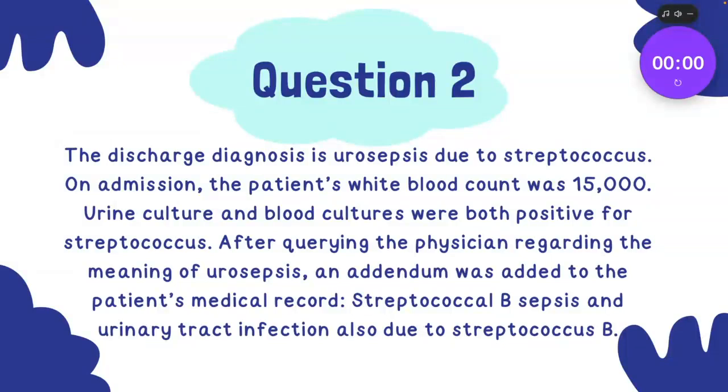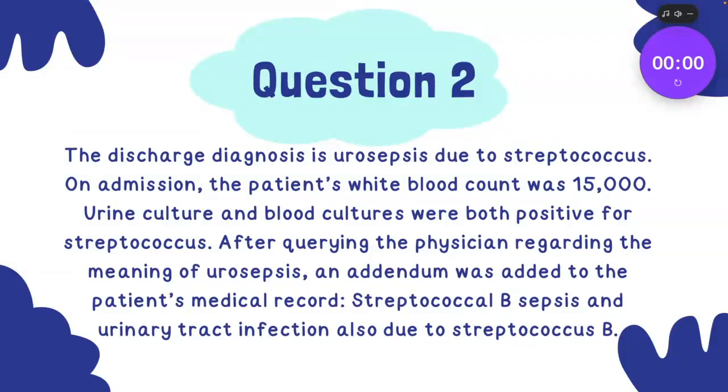In this particular case, we do know that the patient has this streptococcal B sepsis, and then they have the urinary tract infection, and the localized infection would be the urinary tract infection, right? And then the urinary tract infection was also due to streptococcus B.